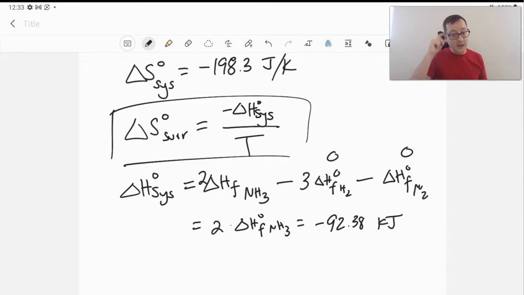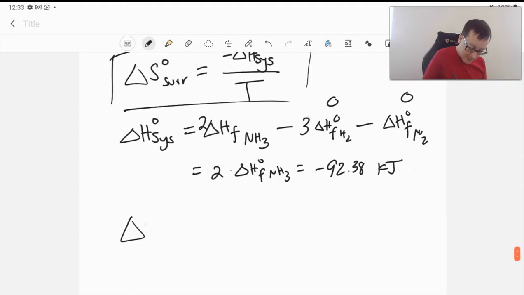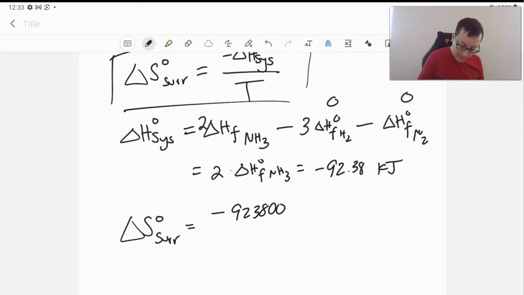We have the delta S and we have the delta H. At standard states, that means 25 Celsius or 298 Kelvin. Let's figure out the delta S of our surroundings here. It will be negative 92380 joules.